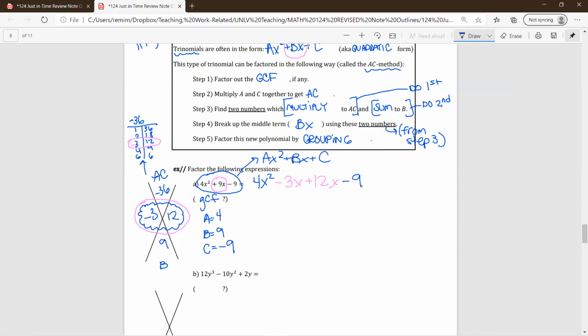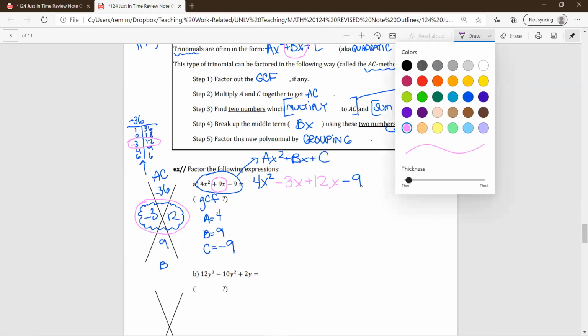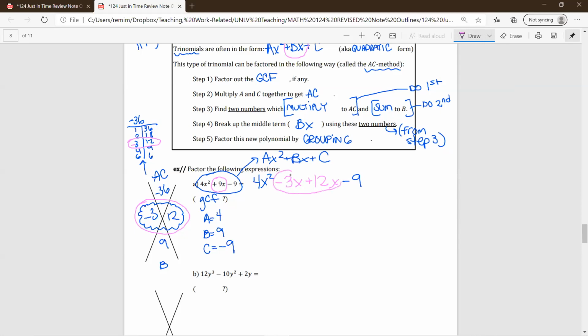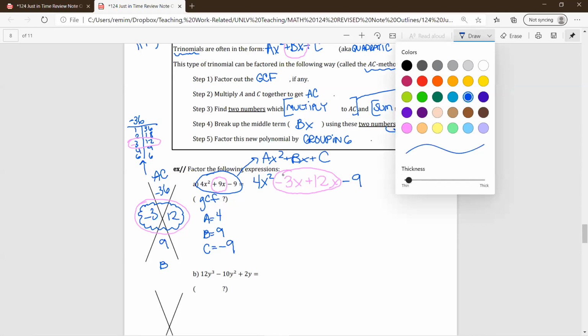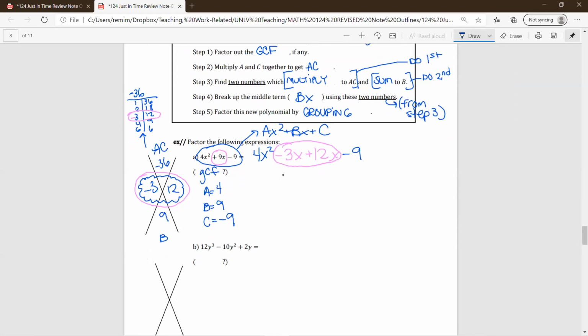So I split my middle bx term up into two terms. And now, look at what we just wrote. How many terms are there? 1, 2, 3, 4. We have 4 terms.